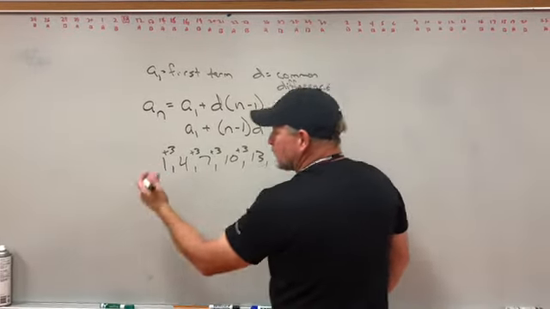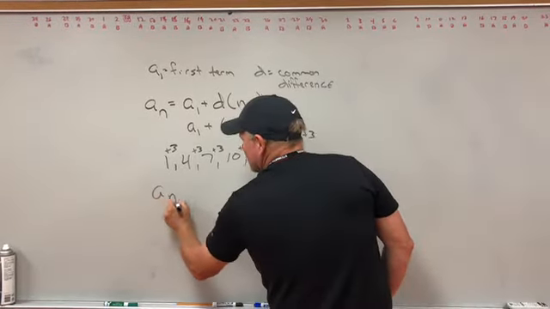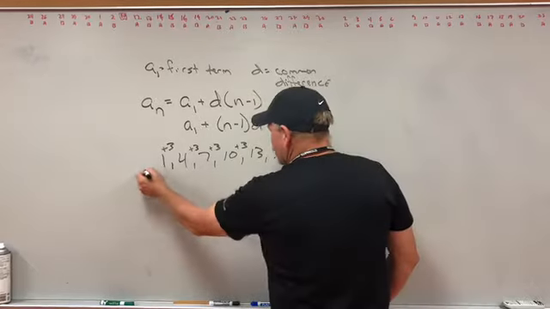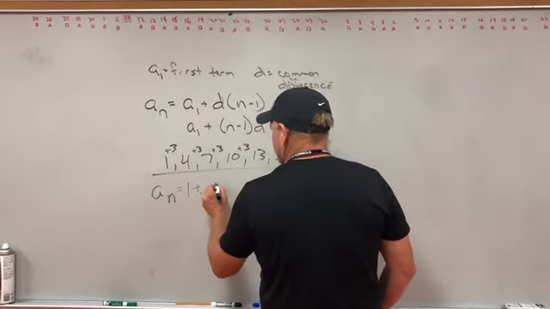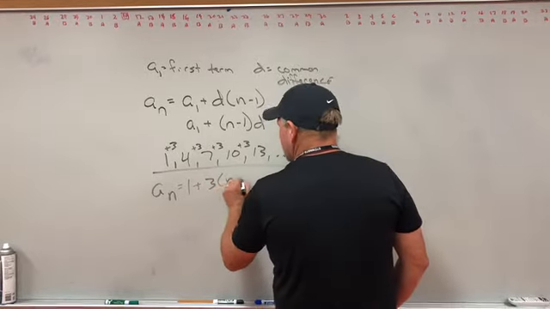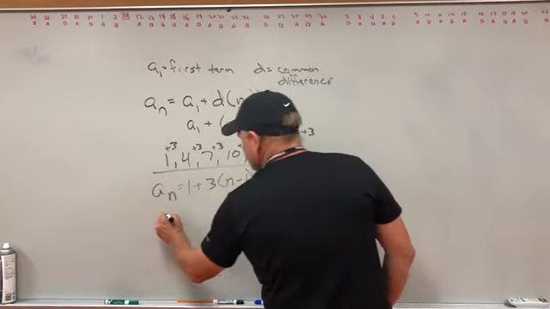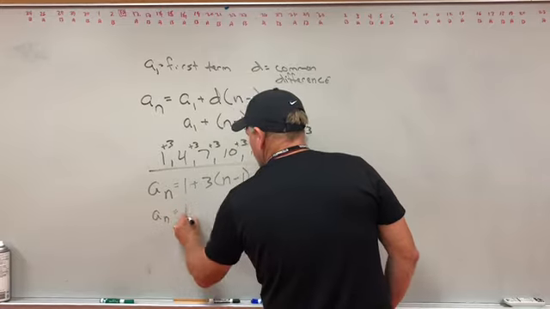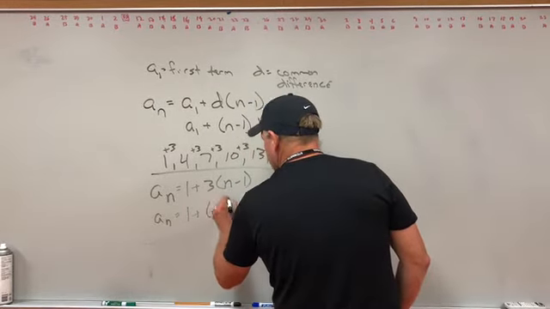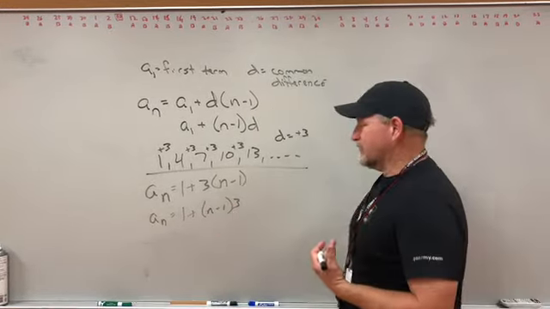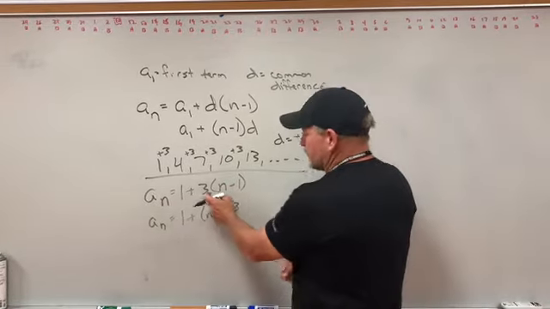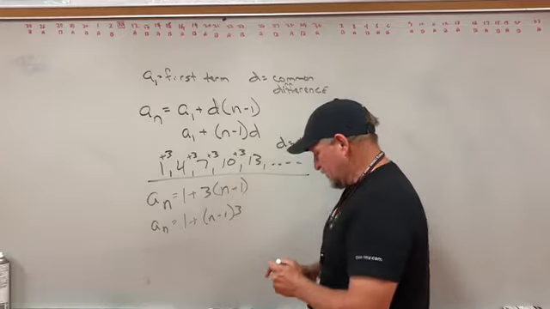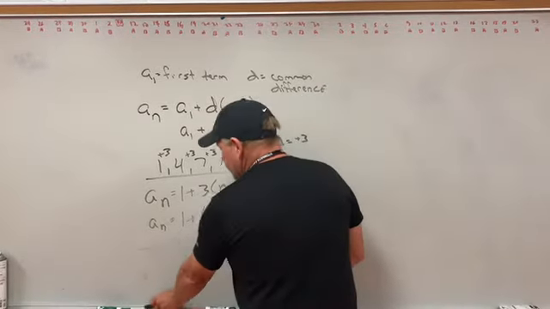Yes, 3. So the specific explicit formula for this sequence equals 1 plus 3 times (n minus 1). I'm going to do it both ways. It's also known as 1 plus (n minus 1) times 3. All right, these are interchangeable. They're the same thing. I know that some textbooks show it with the d in front, some of them show it with the d behind, okay? Hopefully there's no question of that.